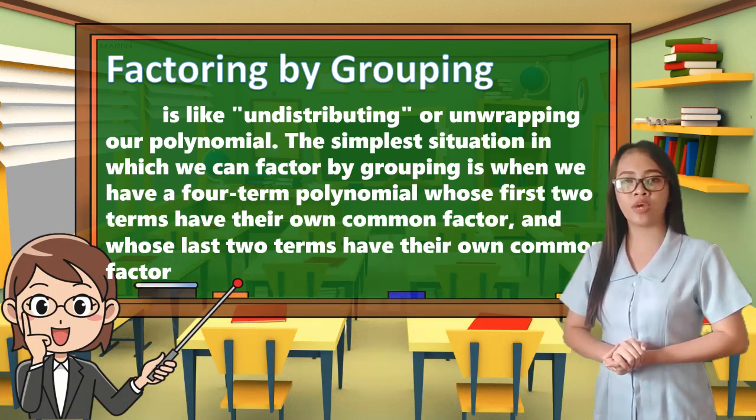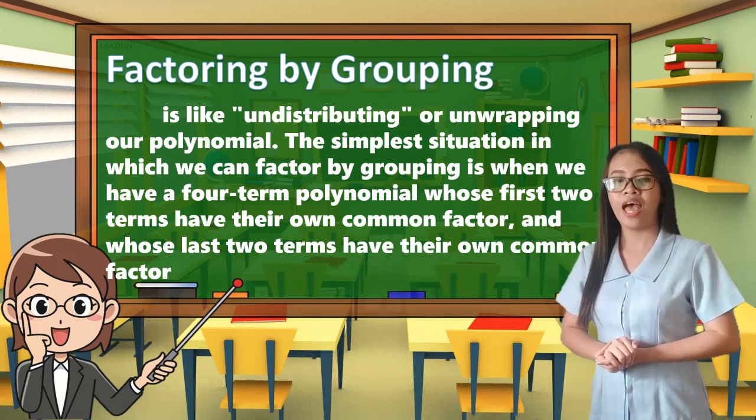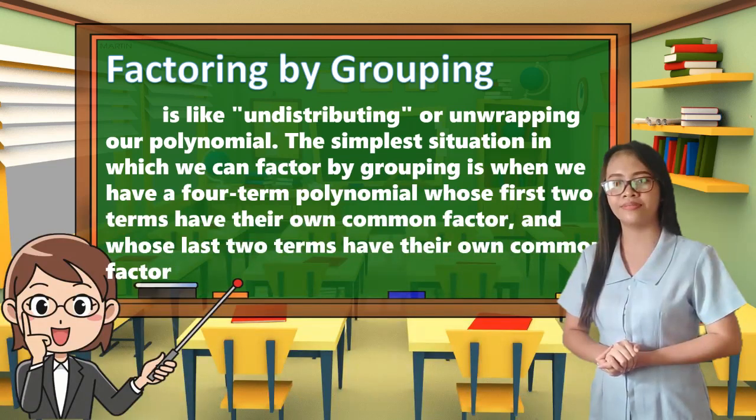The simplest situation in which we can factor by grouping is when we have a 4-term polynomial whose first 2 terms have their own common factor and whose last 2 terms have their own common factor.